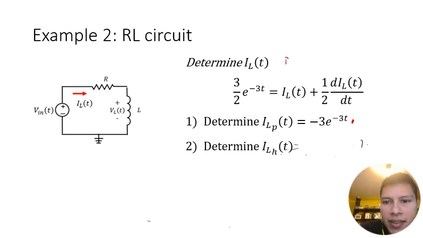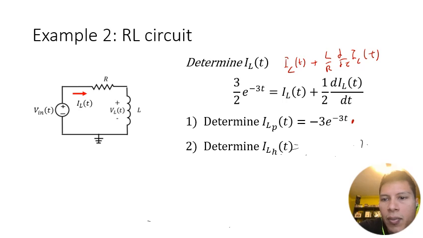So remember that this was just I_L of t plus L over R d/dt of I_L of t. And so my homogeneous equation would be that this is equal to 0, which gives me that 1 plus L over R lambda equals 0, and then that gives me that lambda will always be negative R over L.